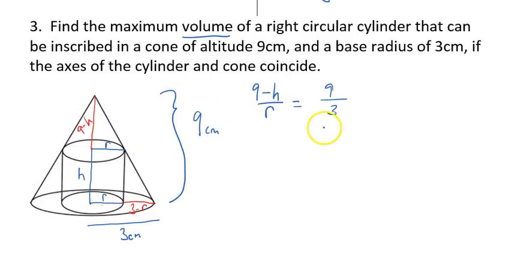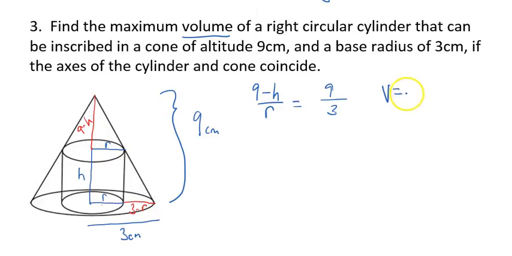Okay, so I have this relationship, and that is kind of like the equation for the money in our example 1 or the sum in our example 2. This is what gives us our relationship between h and r. If you think about the volume formula, we're trying to find the maximum volume of the cylinder.